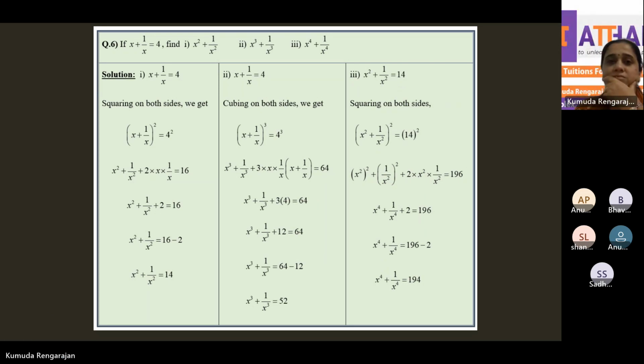Correct? Online students? Do we understand this? Yes, ma'am. Yes, miss. Okay. Take down the question alone and leave some space. Let me see how you all work it. Don't copy the answer. Take down the question.